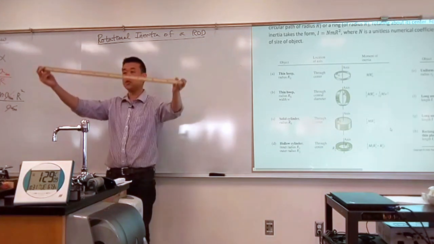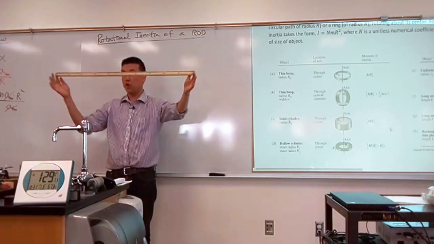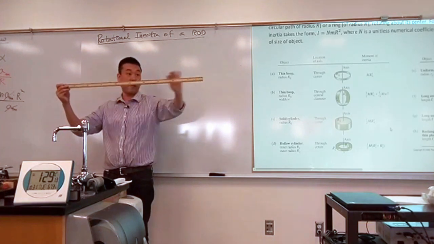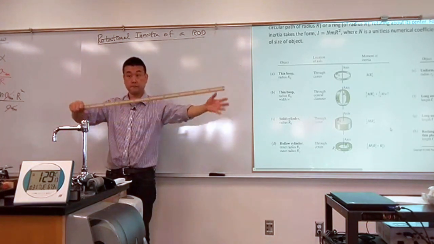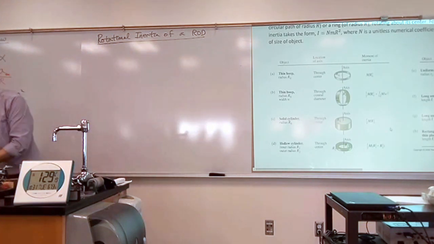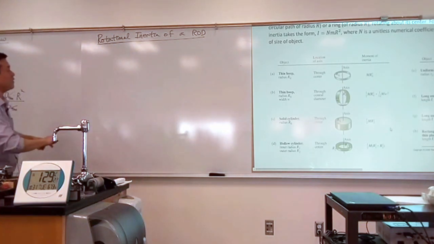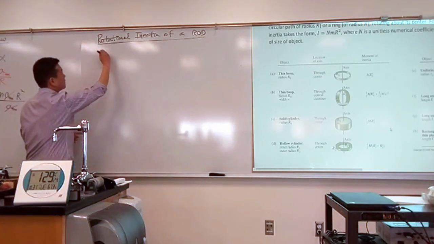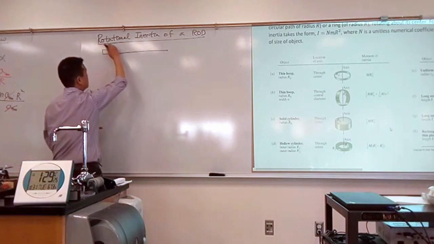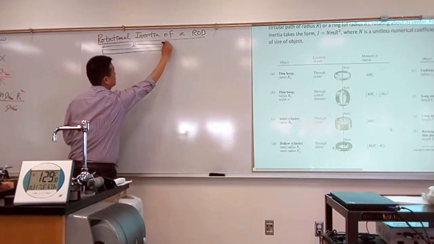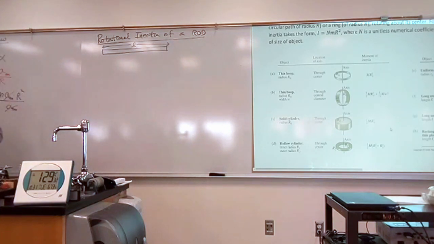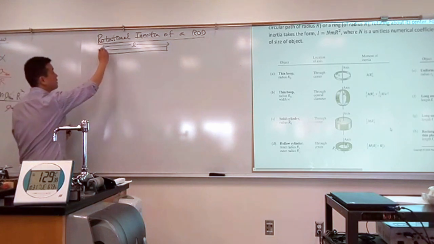So let's say somebody asked you, what is the rotational inertia of a rod of length L, being rotated by its end point? Good. Let me draw that figure here so I have something to look at. Let's say we have a rod of length L, and I'm choosing to rotate it by one of its end points.